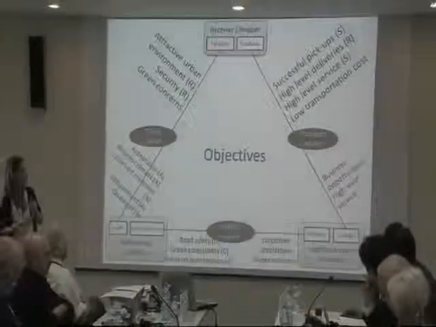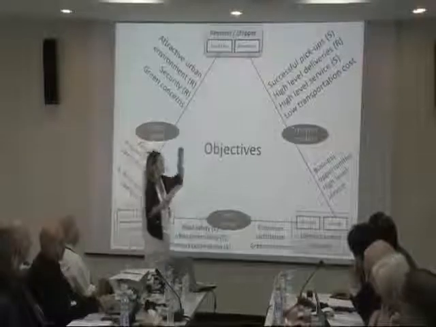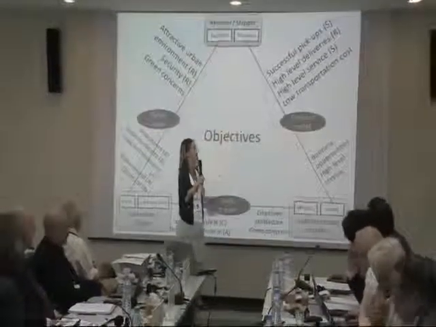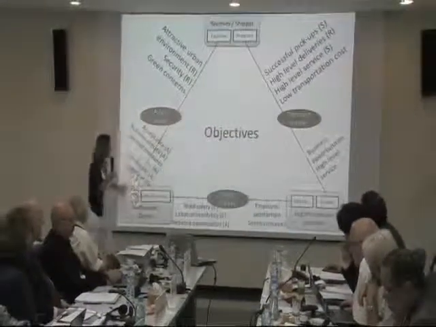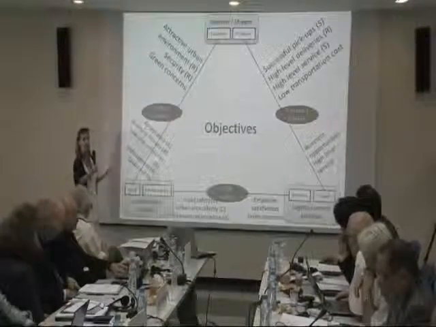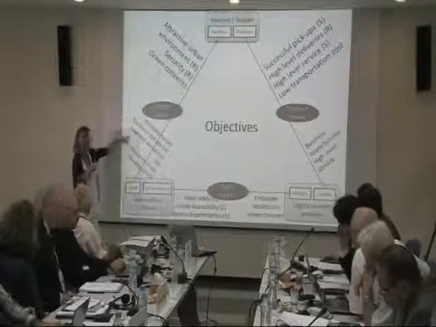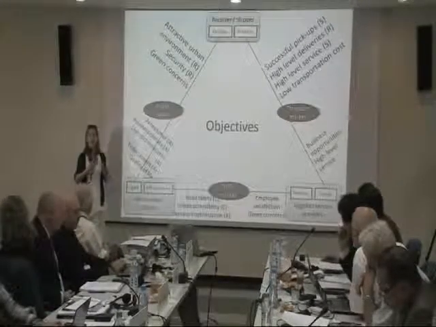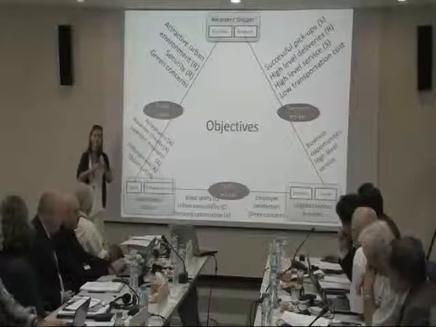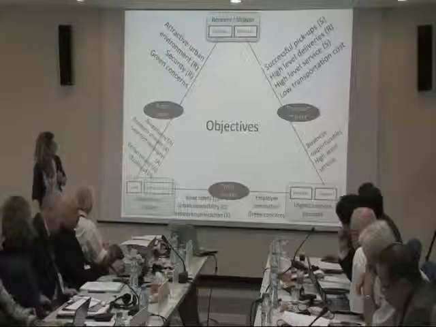They also have different objectives. For example, the shippers are interested in successful pickups, whereas the citizens would like to have a road-safe environment. The authorities are looking for low-cost measures. All these objectives you have to take into account when evaluating new proposals.